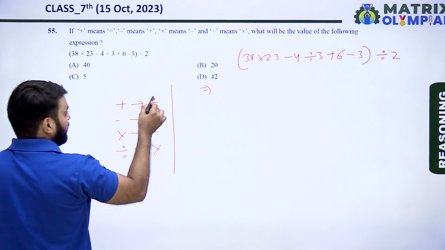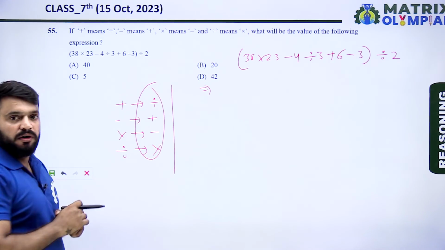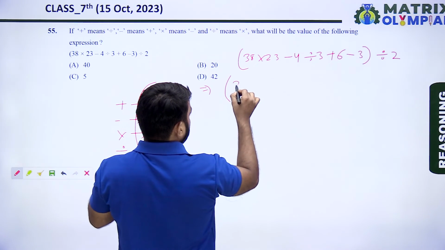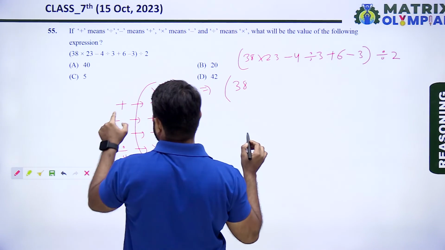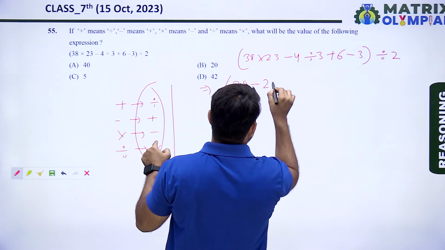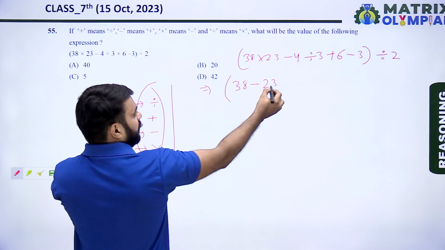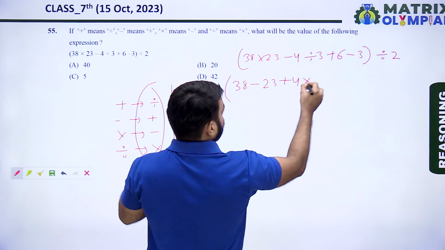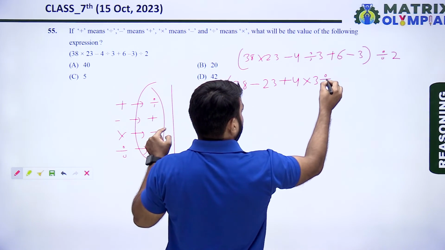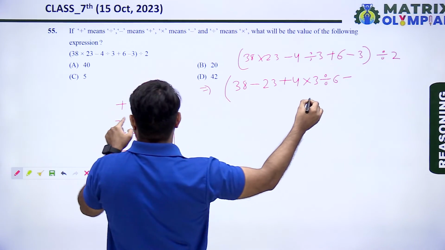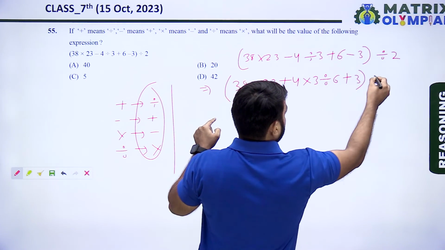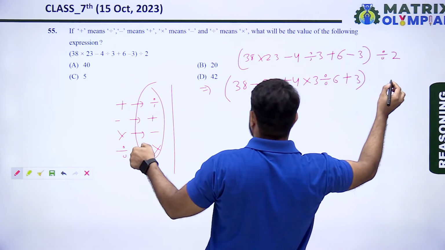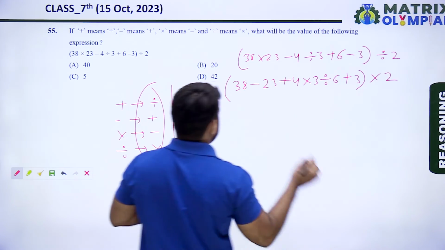First substitute the signs of the given expression. So now the question is 38 multiply means minus 23, minus means plus 4, divide means multiply 3, plus means divide 6, minus means plus 3, divided by means multiply by 2.